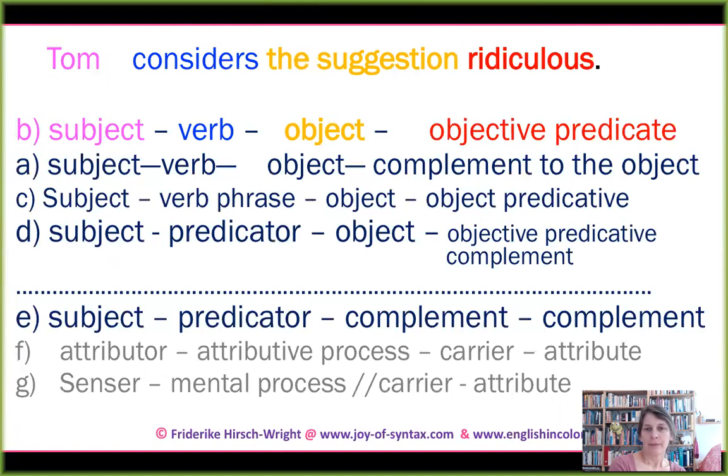Again, all grammars and Halliday also agree that suggestion and ridiculous are obligatory elements, so it's a complement in the interpersonal analysis. But then it's more complicated for the experiential analysis.